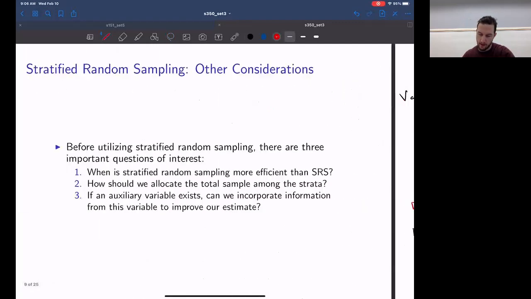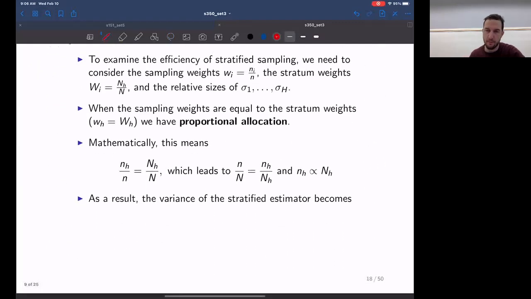So from the previous slide, we can actually see mathematically what this means. So here we have capital N_h over capital N, and then we would have the exact same proportion of values within each of the strata as it relates to the sample. So what I mean there is simply that if you have capital N total observations, and then capital N subscript h of them are within each strata, proportional allocation will simply allocate the number of total observations in the sample to each of the different strata.